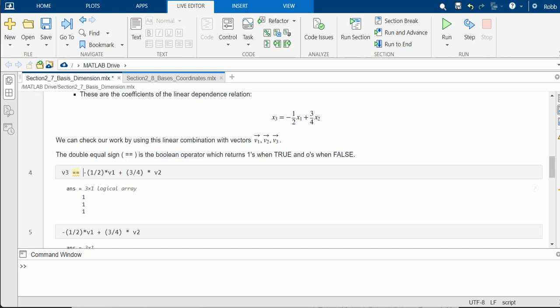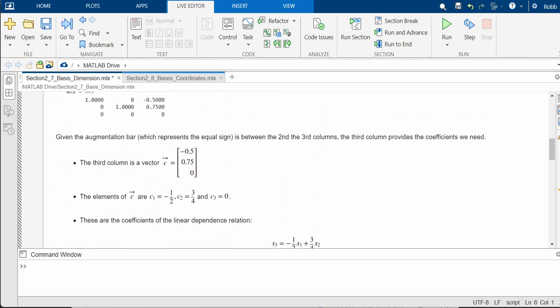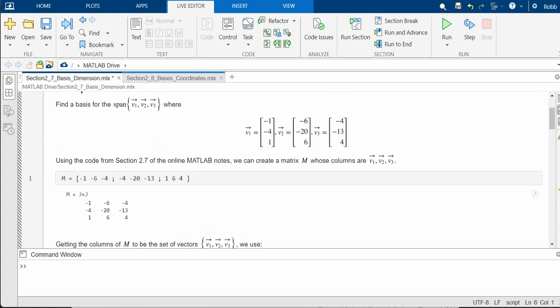So let's take the right-hand side here and evaluate it. And you see that when I do -1/2 times v1 plus 3/4 times v2, I do get -4, -13, 4, which, if you remember, is exactly what we were going for. -4, -13, 4 is exactly what v3 is equal to.